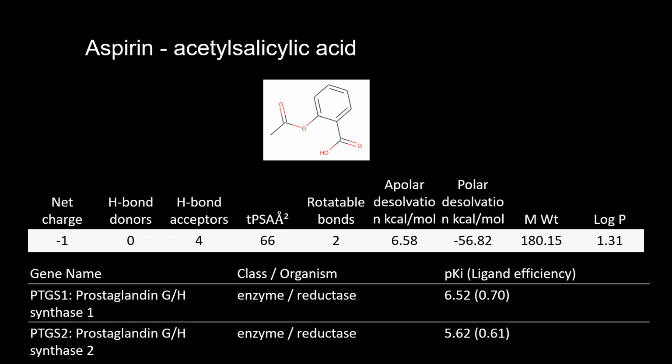So these 2 enzymes convert arachidonic acid into prostaglandin H2. These are determined experimentally and stored in the information. So we can get a lot of information about drugs by looking at many of the databases. We'll look at each one of them.